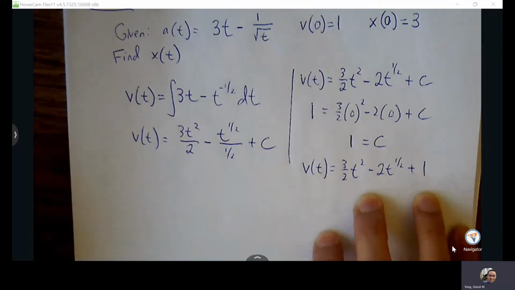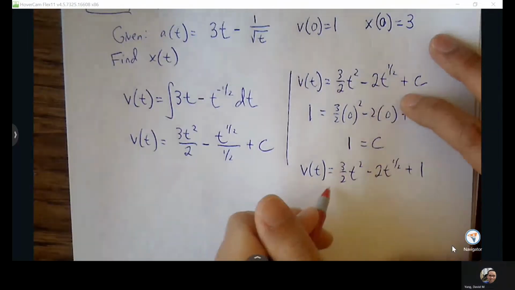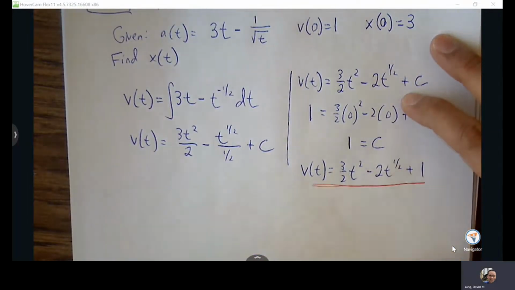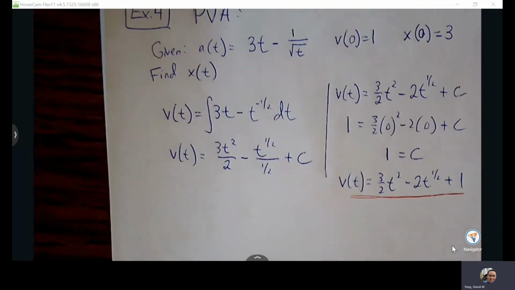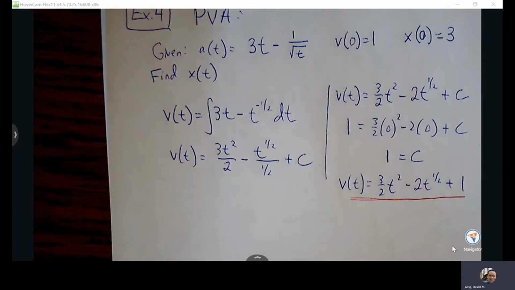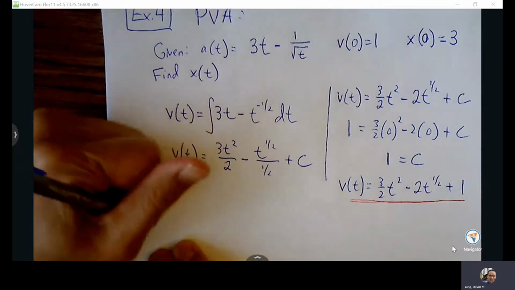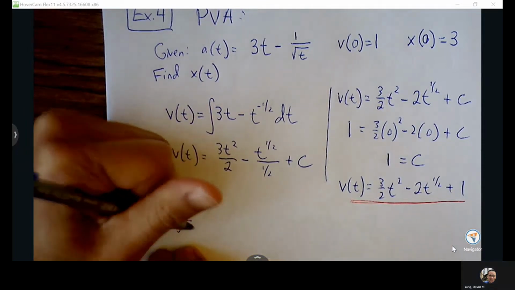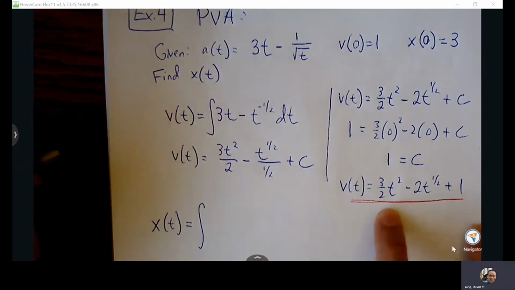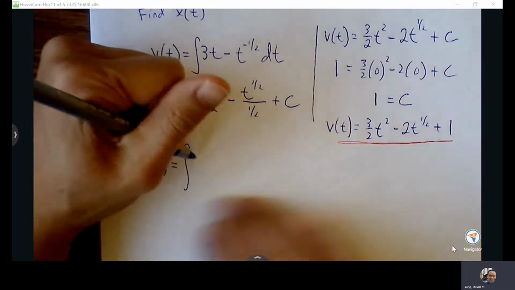This is my halfway point. But we're only halfway there, right? We got to take the antiderivative again to bring us from velocity up to position. So to find my position function, I need to once again take the antiderivative of this function here.